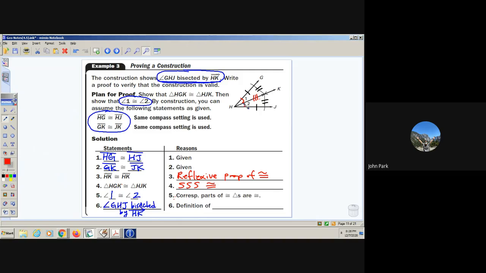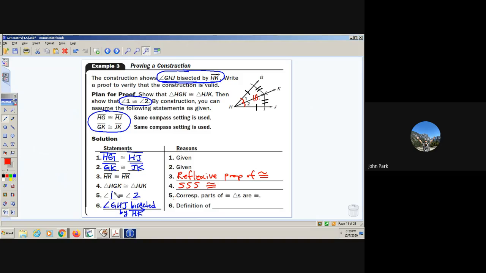And so that means since angle 1 and 2 are congruent, right, that is what we're trying to prove here, that the angle GHJ is bisected by this ray HK, because by definition of angle bisector, when you bisect something, it's going to cut in half. It's going to give you two congruent angles there.